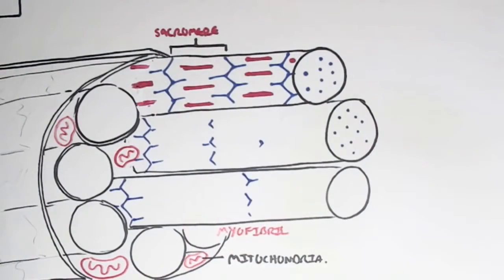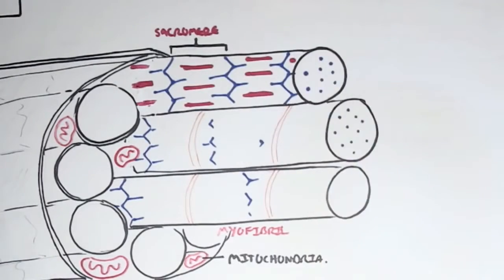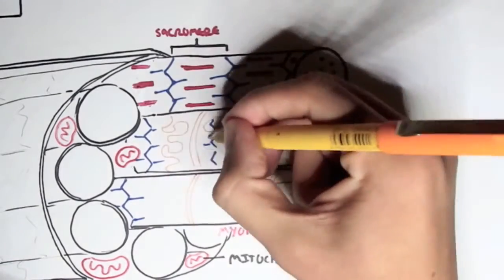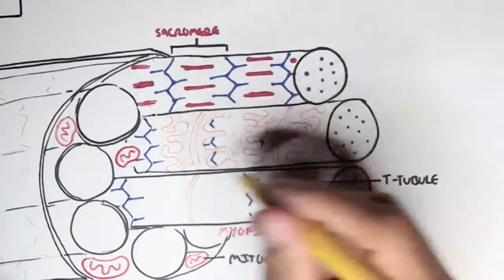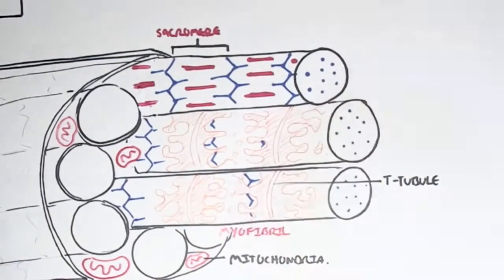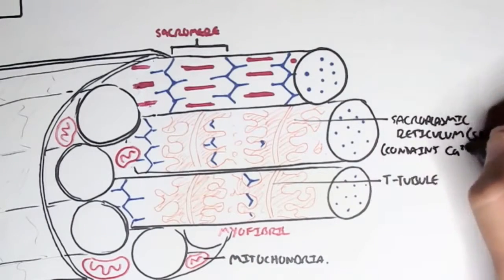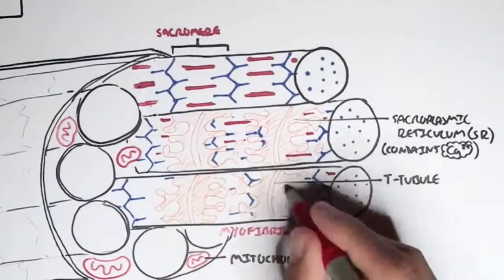However, in each myofibril, we also have what's called the T-tubule, which runs around the myofibril. And the T-tubule, surrounding it, we have what's called the sarcoplasmic reticulum, abbreviated SR. And this sarcoplasmic reticulum contains calcium ions.